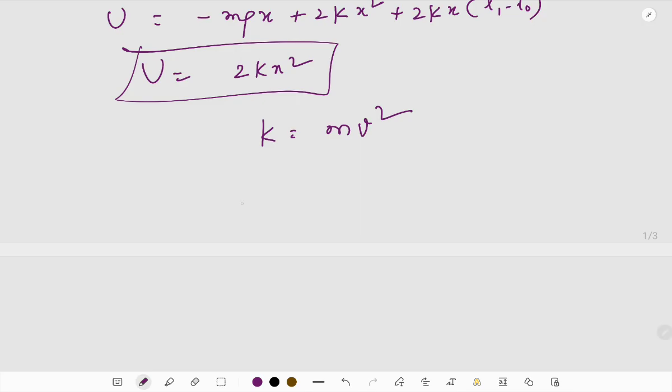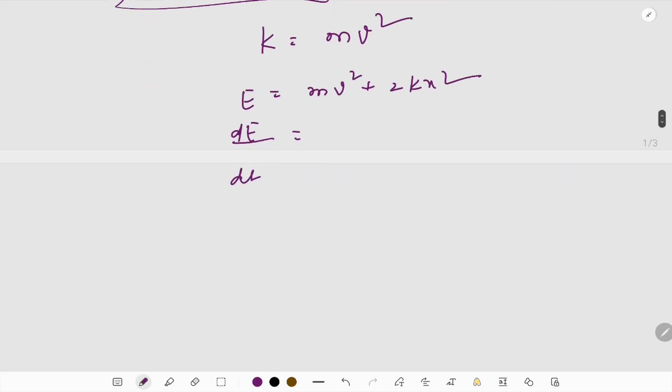And if we write the total mechanical energy of the system as kinetic energy plus potential energy, that is a constant, so I would like to differentiate it with respect to time.